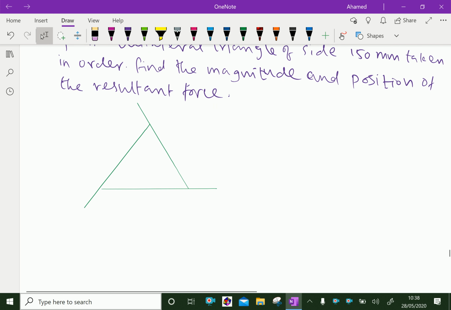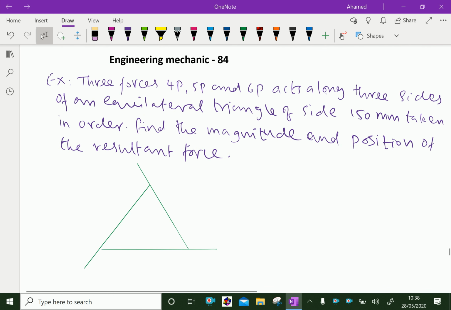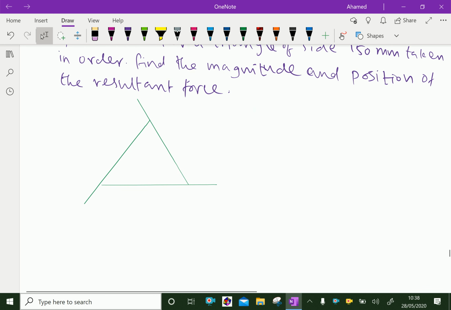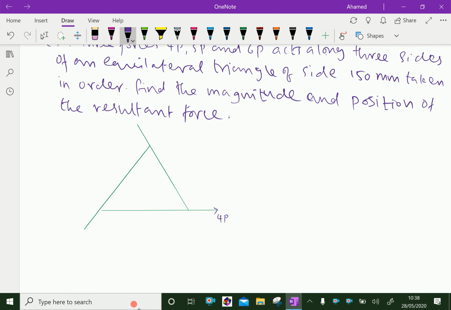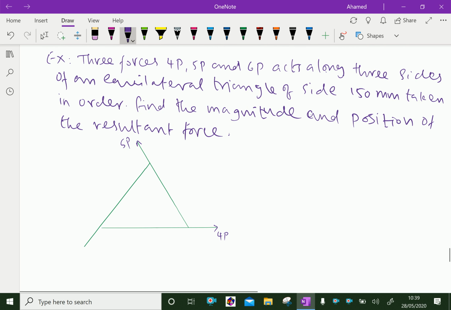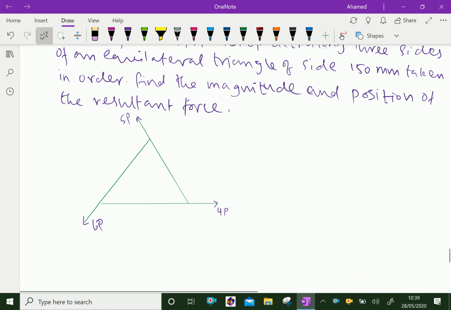Here in the figure, we put the given forces 4P, 5P and 6P acting in order along the sides of an equilateral triangle of side 150 mm.